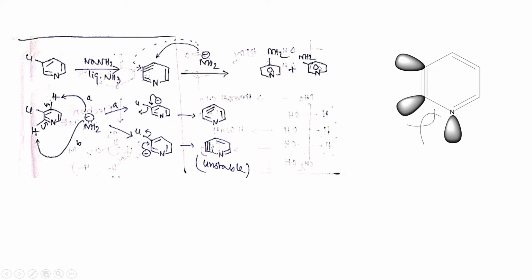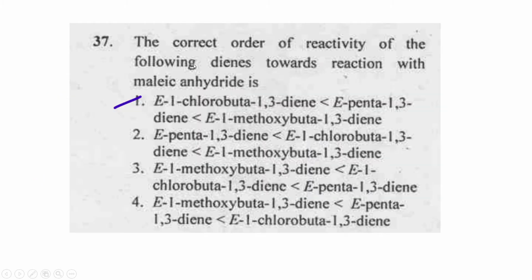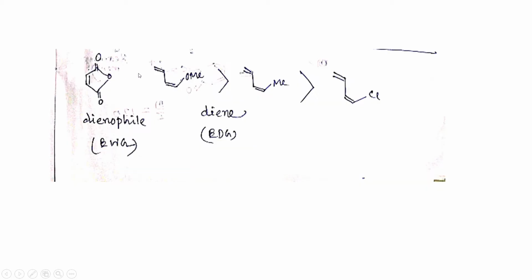Now see the second question. First read the question. Here a 4+2 cycloaddition is given, the Diels-Alder reaction, where the dienophile will be more reactive if it contains an electron withdrawing group, and the diene will be more reactive if it contains an electron donating group.